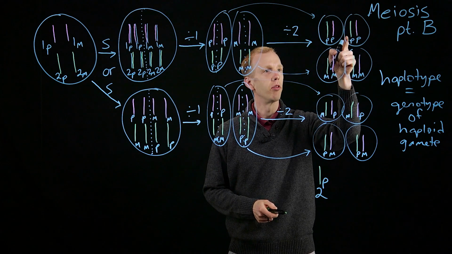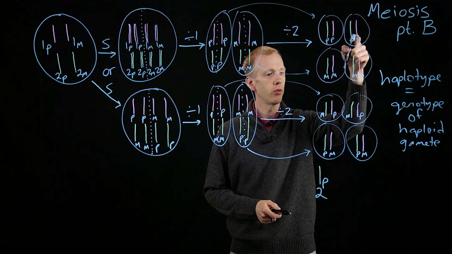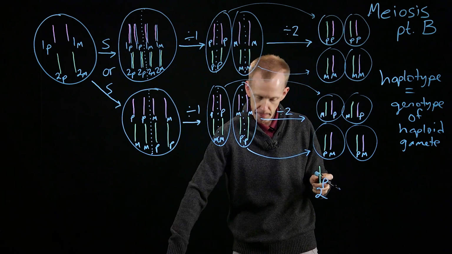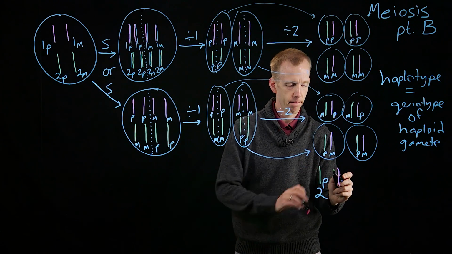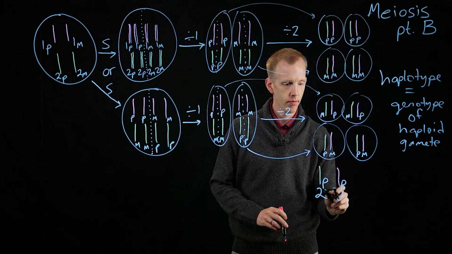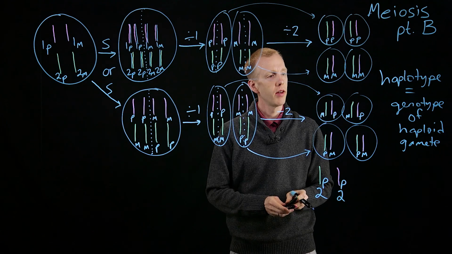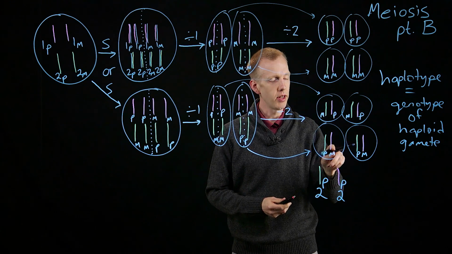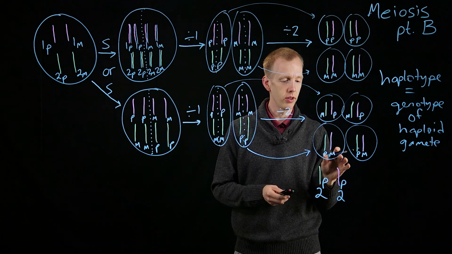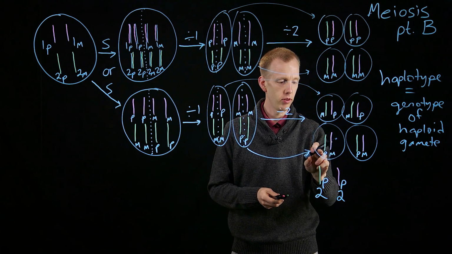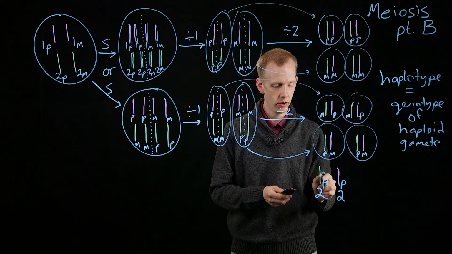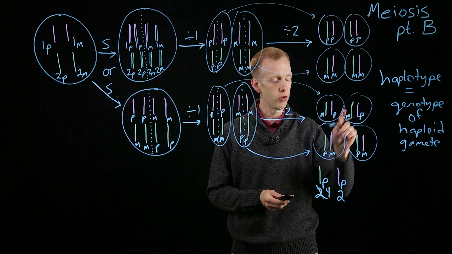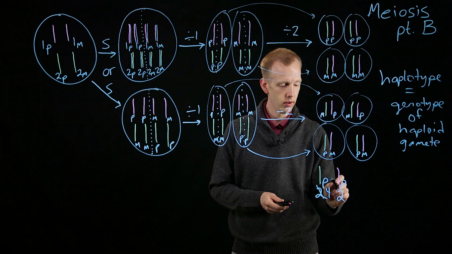We could count the number of pink paternal alleles, 1, 2. And then we could do the same thing for the alleles that we see down here in this other round of meiosis. And we see that we have more green paternal, so that takes us from 2 to 4. And the same is true of the pink paternal.